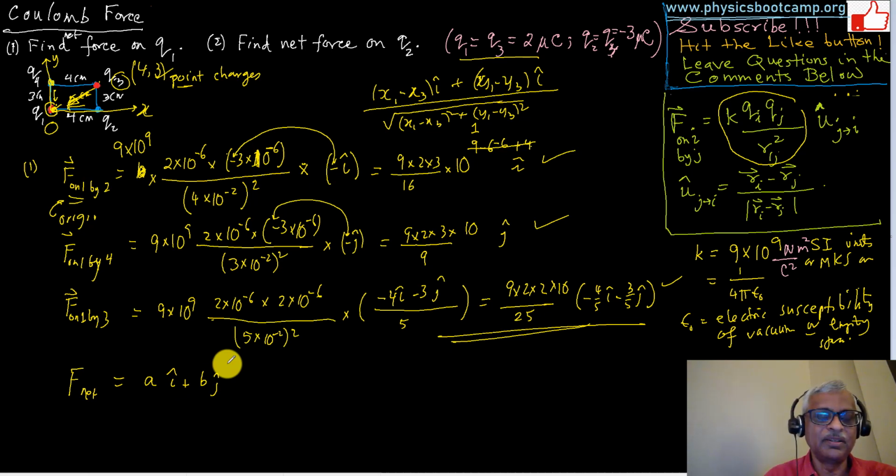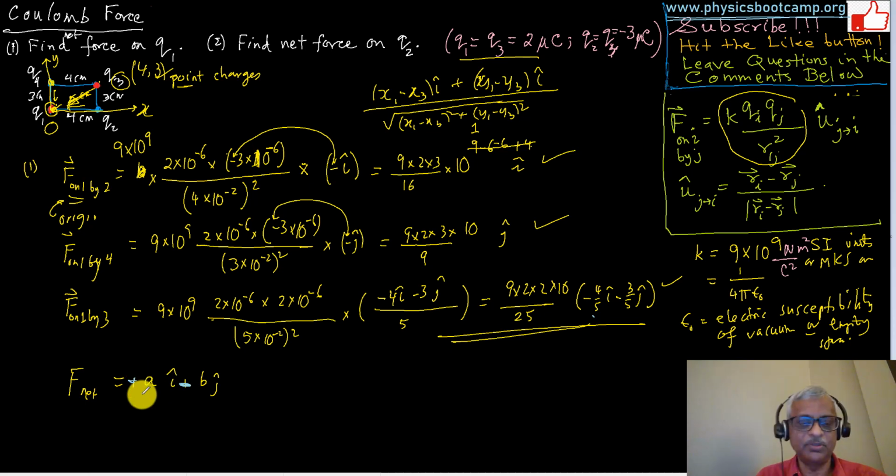Actually, if these are positive, in terms of positive and negative, this will be minus this and minus this, because I think this would dominate, so it's going to be like this.